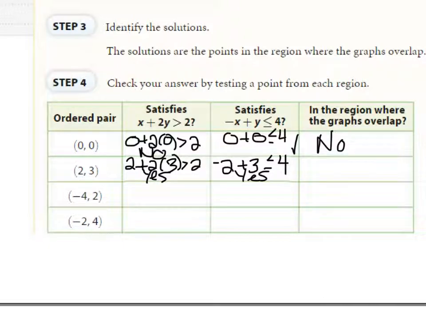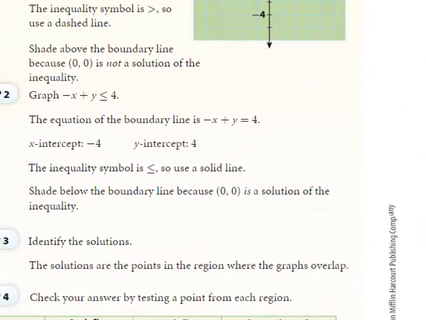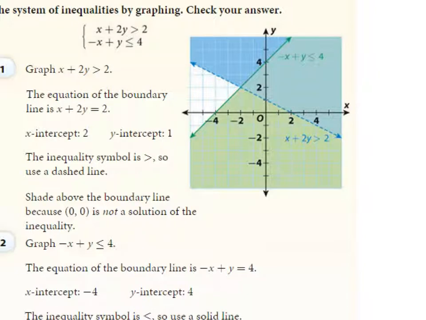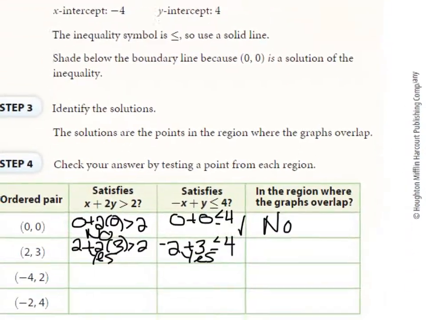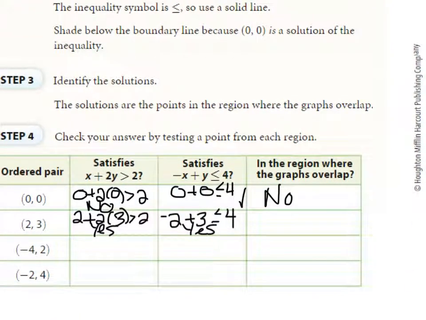Is 2, 3 in the shaded region where they overlap? Here's 2, here's 3. Yes, it is. So it makes complete sense that that would be true for both of them. So 2, 3 would be a solution to this problem. We're going to skip the rest of the table because hopefully that made sense to you.